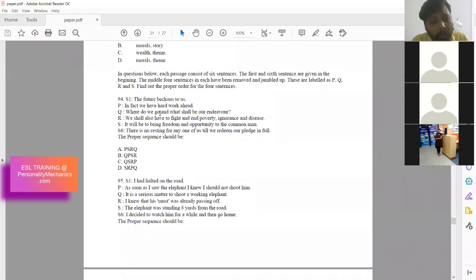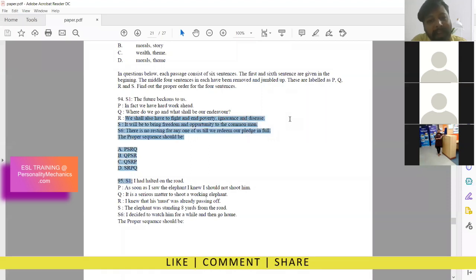So where do we go and what shall be our endeavor. This sentence tells us what our endeavor should be. That is, it will be to bring freedom and opportunity to the common man, and hence S is the one that is going to succeed Q. Next is going to be we shall also have to fight and end poverty, ignorance, and disease.